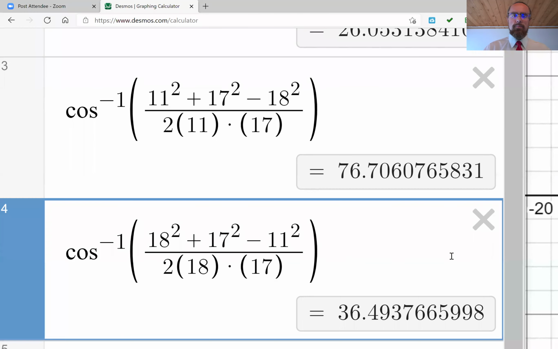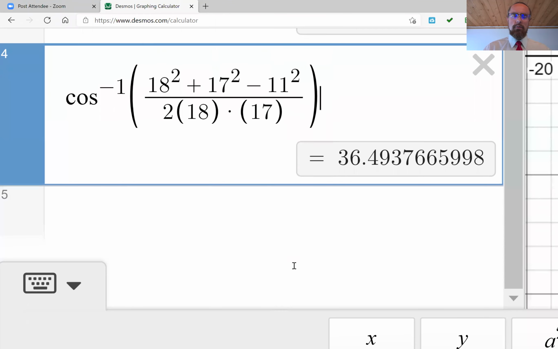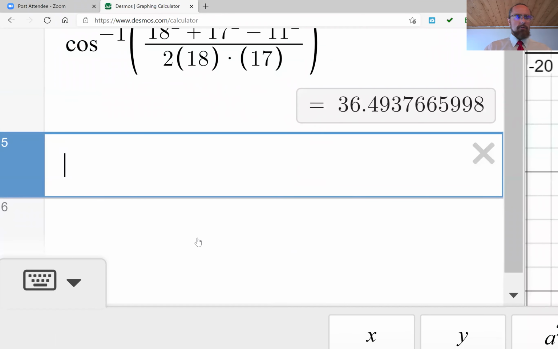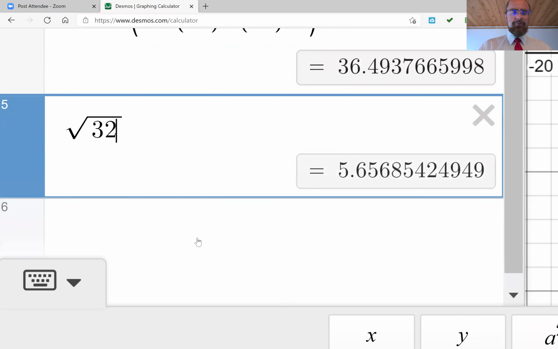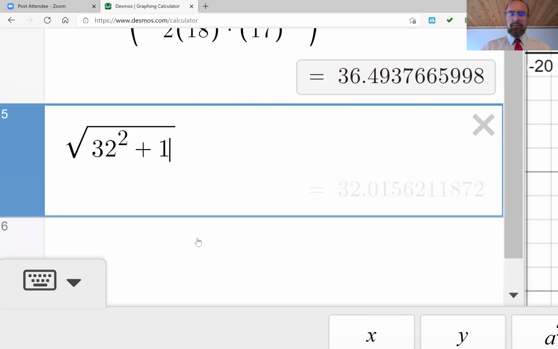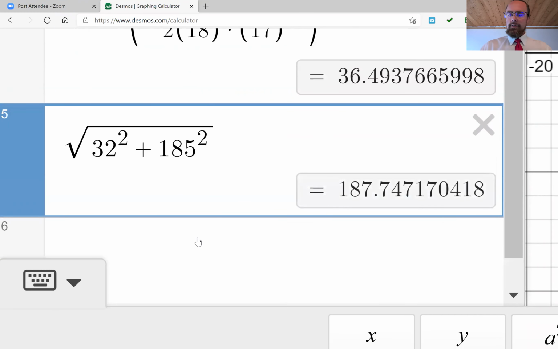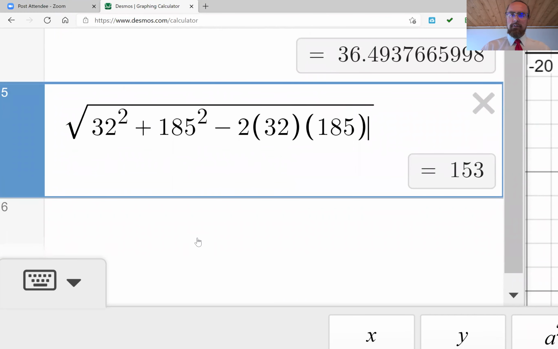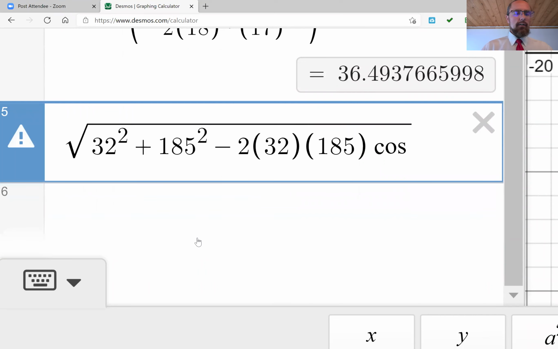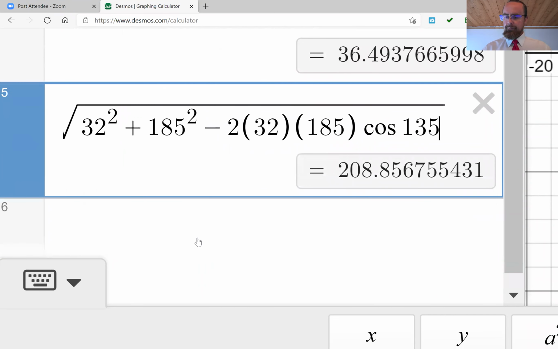So back to Desmos. We'll type it in as we wrote it. So it's the square root of 32 squared plus 185 squared minus 2 times 32 times 185 cosine of 135 degrees.